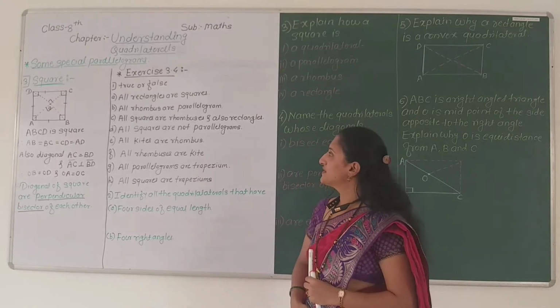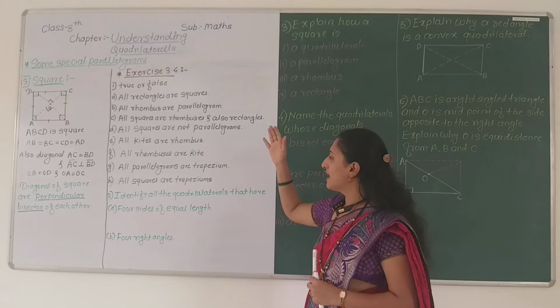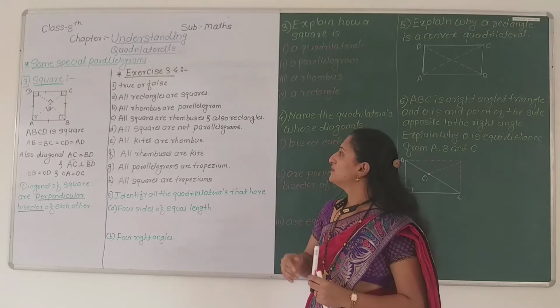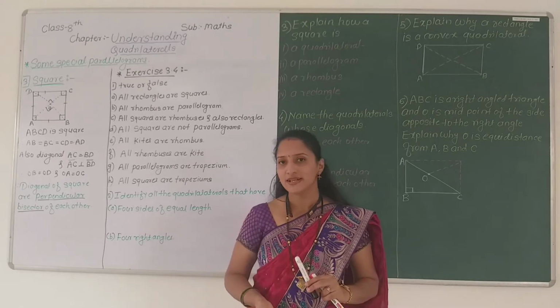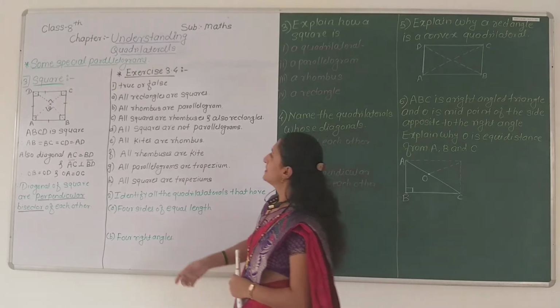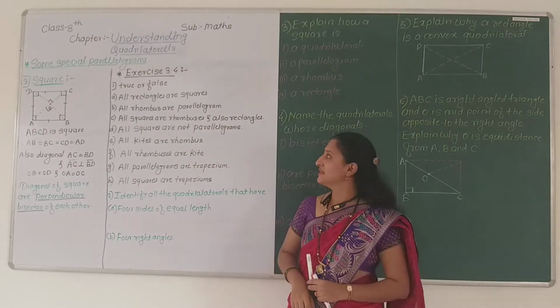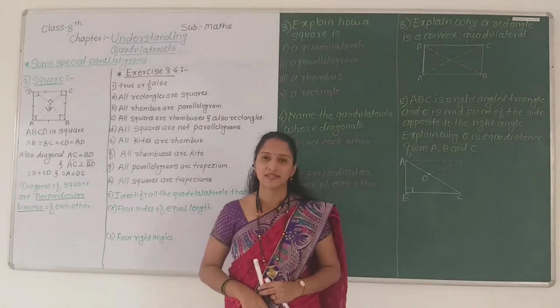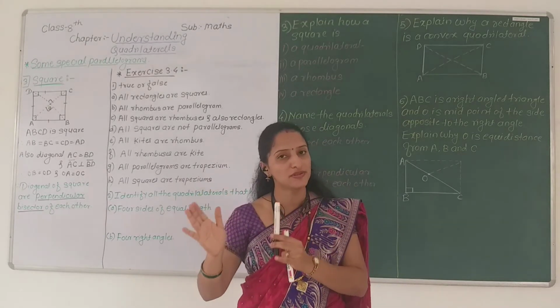Okay. So our first question is true or false. Here there are some statements and we have to check whether these statements are true or false. So one by one. First one is all rectangles are squares. We are given that all rectangles are squares. So remember properties of a rectangle and then properties of a square.